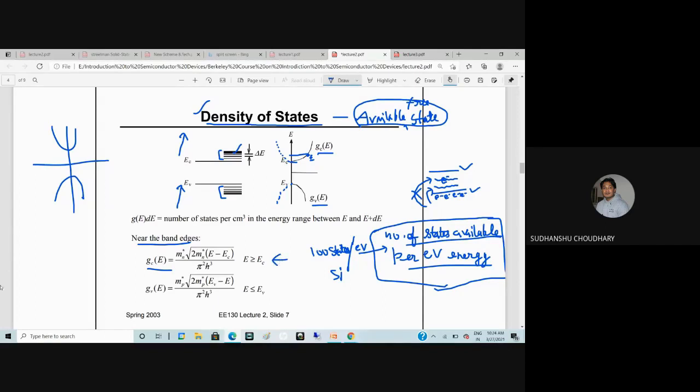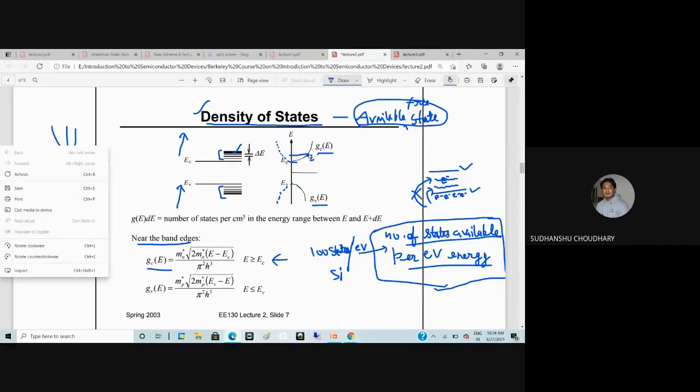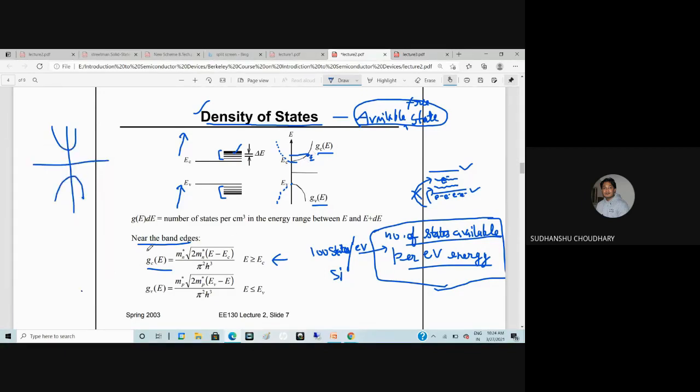So by this relation, we can find out the number of states available at any particular energy level in the conduction band. Similarly, the number of states at any point in the valence band can be found by this relation. Mn* and Mp* are the effective masses of electrons and holes.